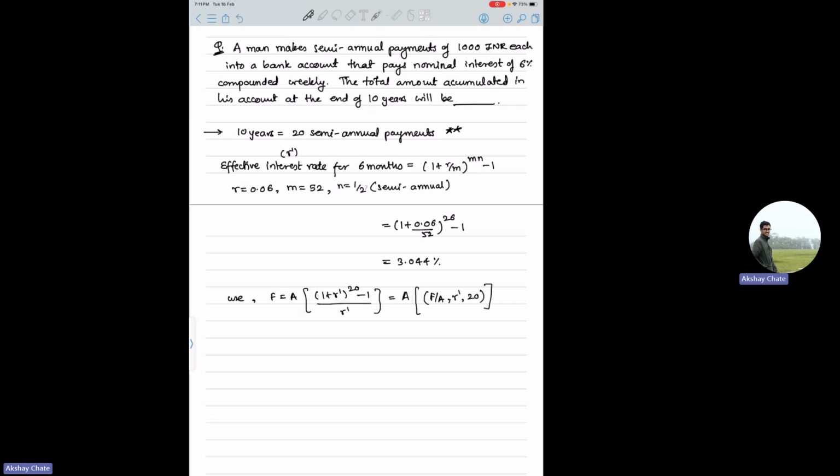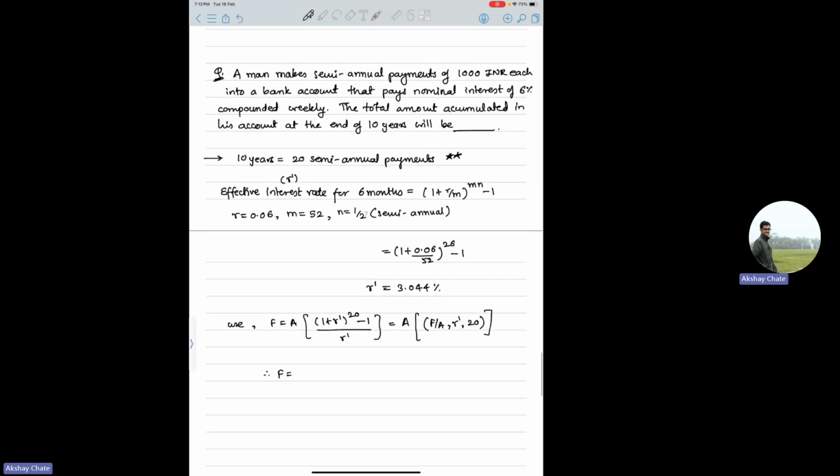This is your R dash essentially, because I'm not calling it R, since it's not annual. It's a semi-annual basis because the payments are being done semi-annually. So instead of 10 years, we are solving it for 20 semi-annual payments.